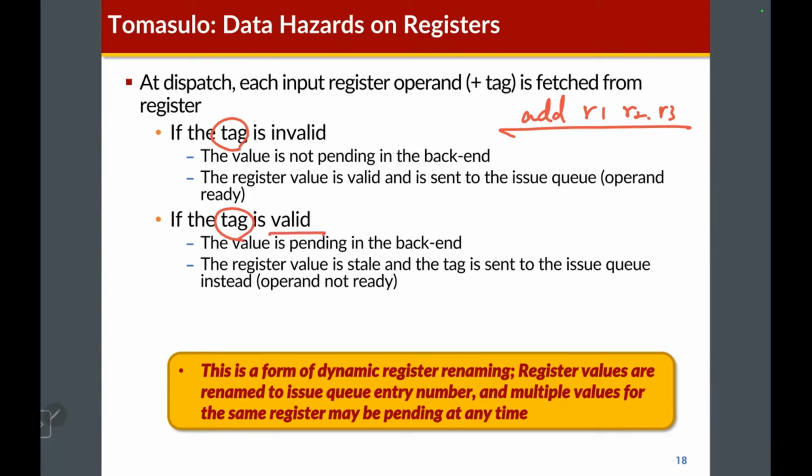So what is this case? The tag is invalid. This is the register R2, and R2 also has a tag number, but this tag is invalid. The tag being invalid means that R2 has valid data.